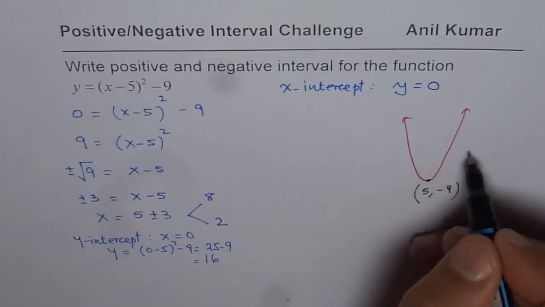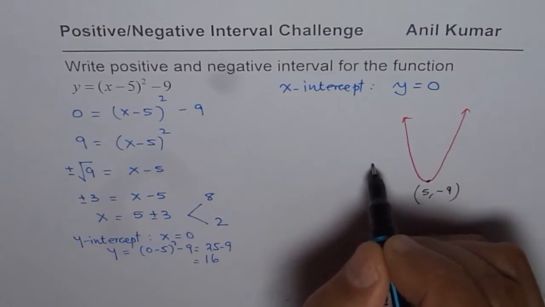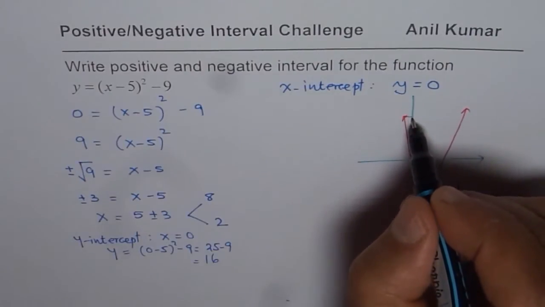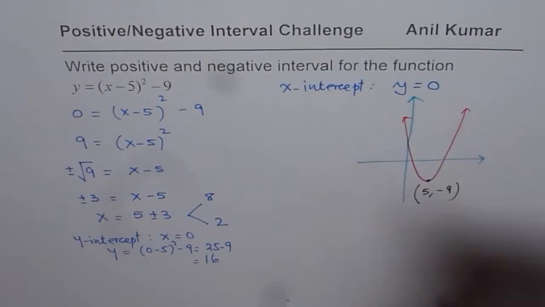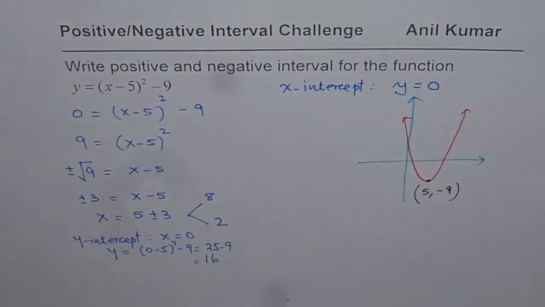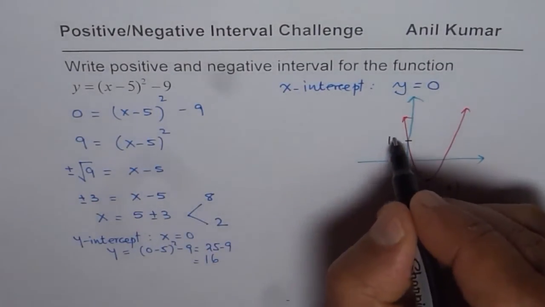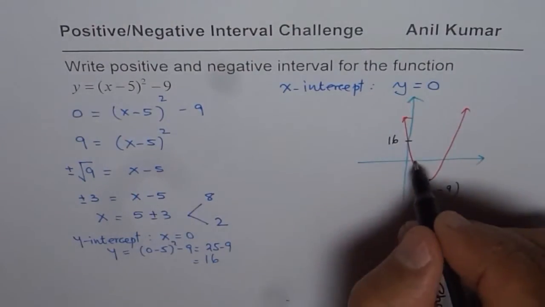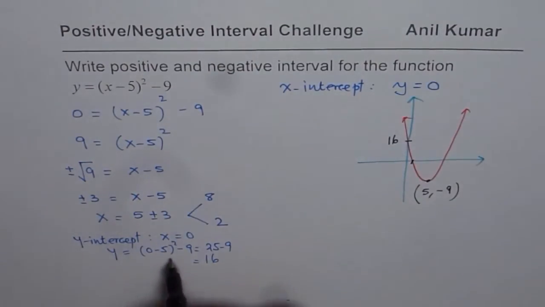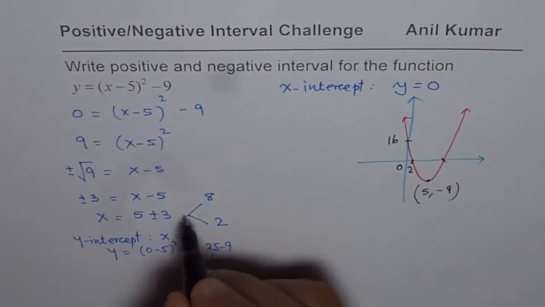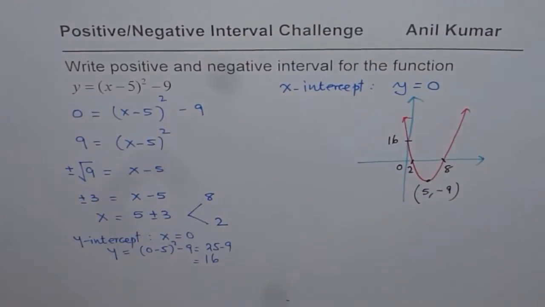So these are both positive values. So let me sketch a line kind of like this, okay, and then something like this. So that gives us the y-intercept as positive, and let me say this value is positive 16 for us. It makes sense, right? And we'll call this point the first zero at 2, and this we'll call 8. So that's just an approximate sketch to answer the question.